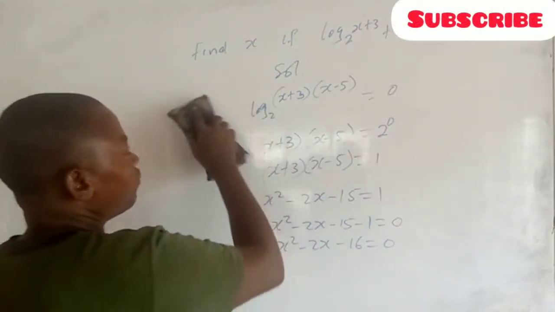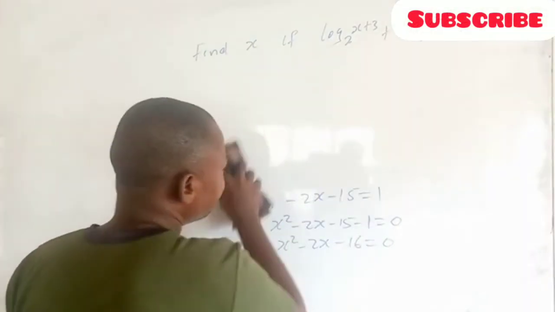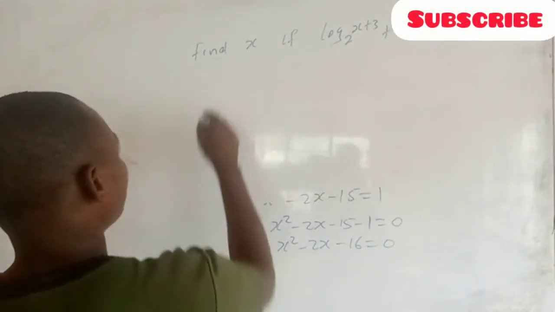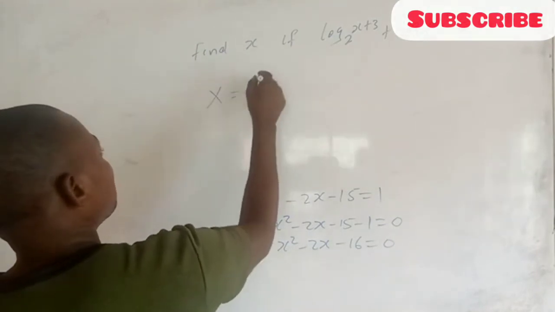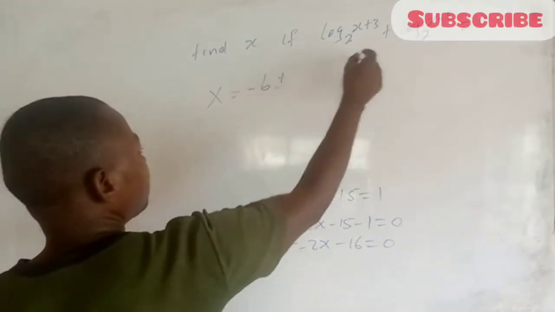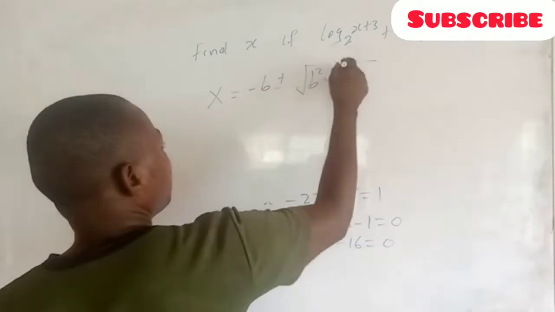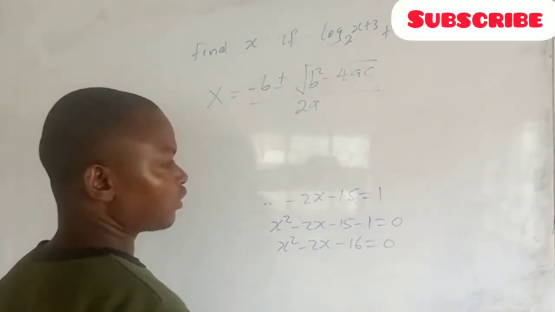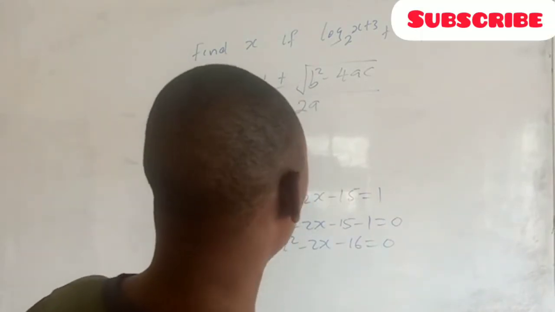And I'm going to give it to you now. This is the formula. Since we are looking for s, s equals minus b plus or minus square root of b squared minus 4ac, over 2a. So this is what we call the equation formula.